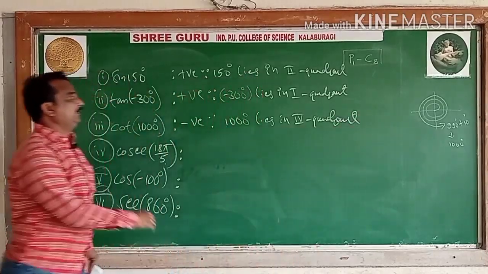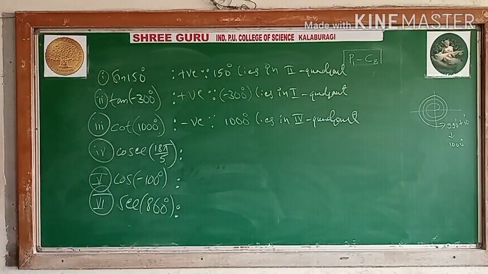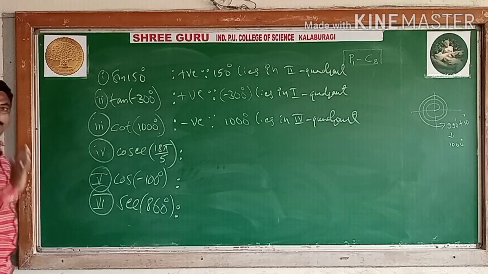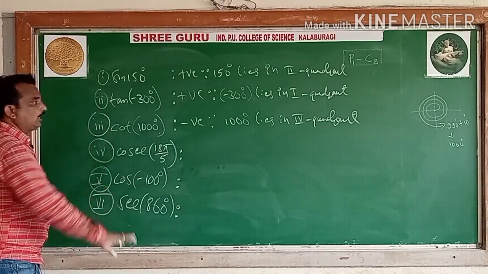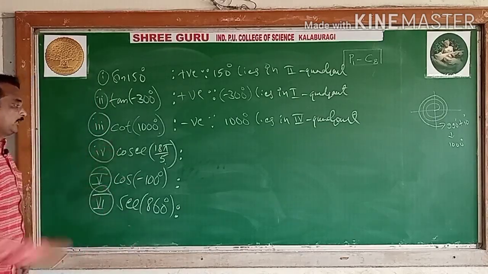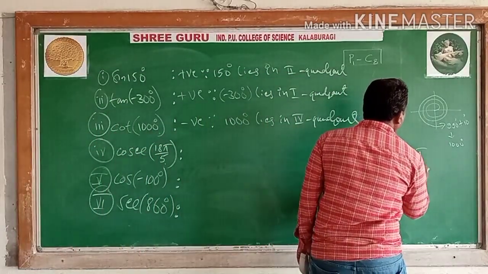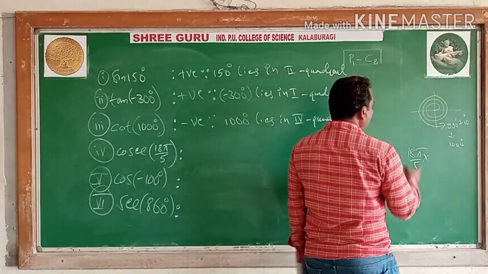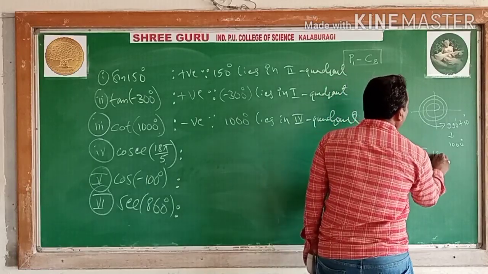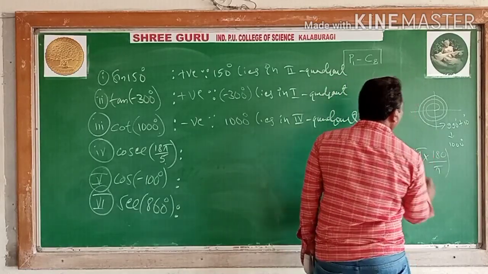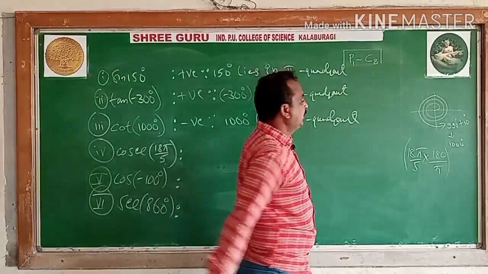Once again, all the examples quadrant-wise we have discussed already. See the cosecant of 18 pi by 5. First you have to convert 18 pi by 5 from radian to degree. To convert to degree, what do you have to multiply? 180 by pi.